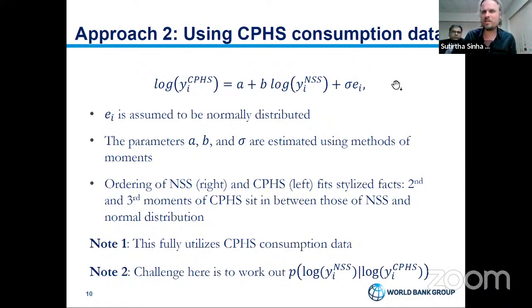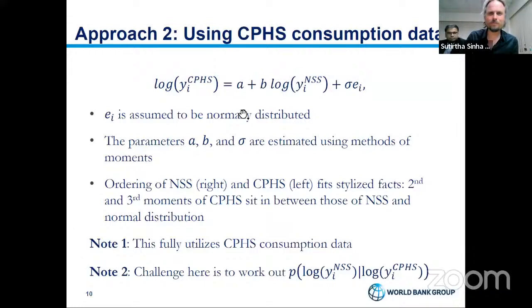But precisely because the data exhibits deviations from normality, we observe significant skewness in the log consumption distributions. That's precisely why the third moment offers additional information on top of the information that the first and second moment provide. That's why we are able to obtain identification here.